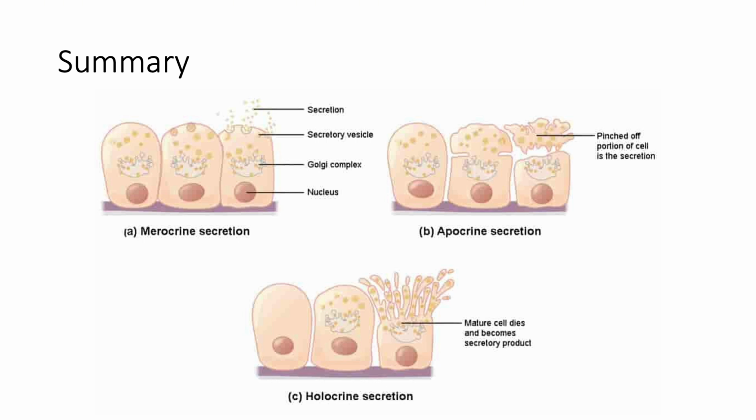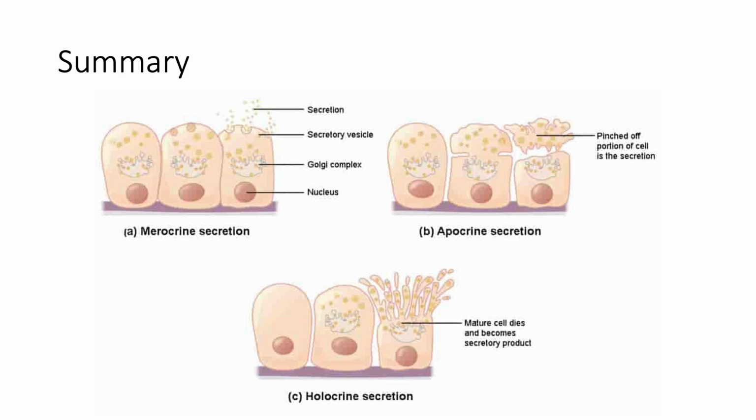So in summary, we look at the merocrine secretion, okay, where the product is secreted by exocytosis onto the surface. You have the apocrine type, where a portion of the secretory cell will be pinched off and added to the product, okay, and then sent to the target place.